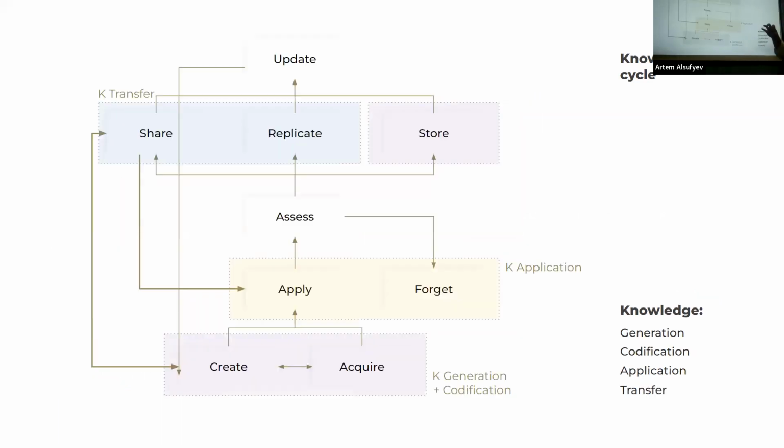About these processes, we're going to talk more, beginning from acquisition. I write here generation in order not to repeat creation. But for us to understand, we have a large creation of knowledge that we haven't had before in our company, and now we have it.